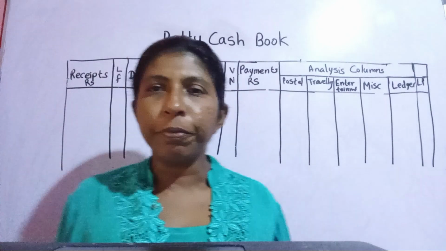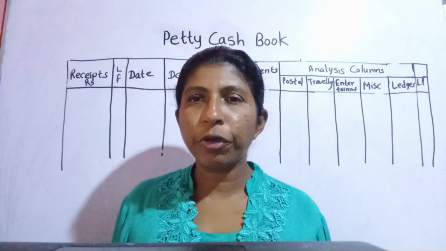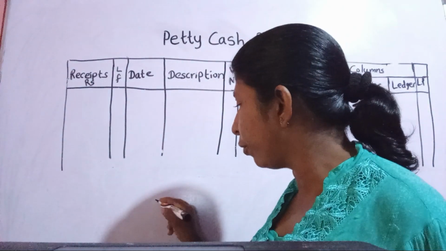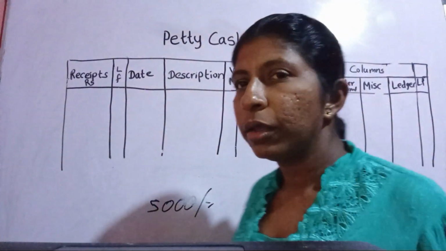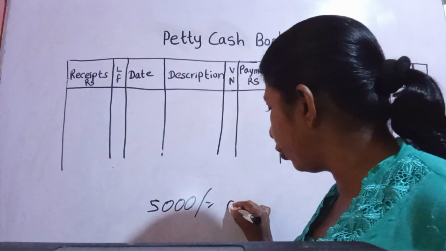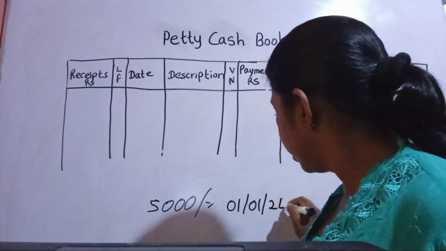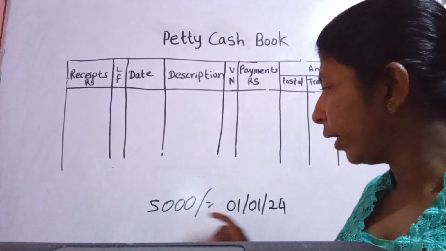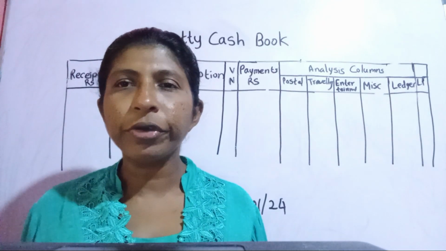As an example, in Nimal's business there is a petty cash imprest for the value of 5,000. Imagine on 1st of January 2024, he has started the petty cash imprest method by giving 5,000 to the petty cashier.